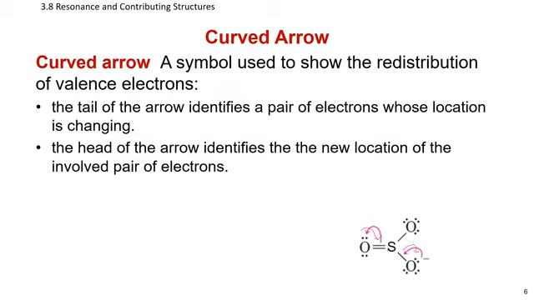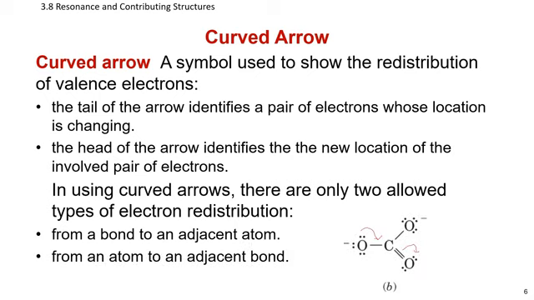This lone pair goes and makes a double bond here, and this becomes a single bond. So curved arrows are used to get the contributing structures. Sulfur trioxide also shows this.